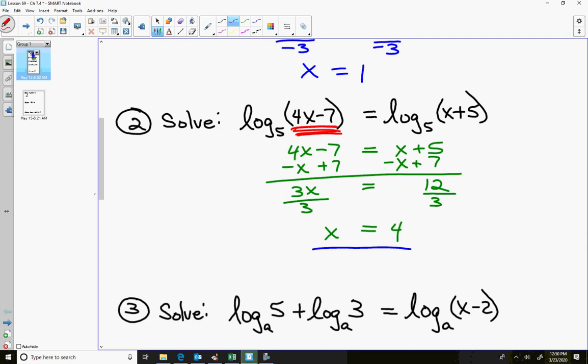When I plug 4 in, 4 times 4 is 16, minus 7 would be 9, positive. What about the other argument? 4 plus 5, 9, positive. So the argument itself is positive, so x equals 4 is our answer.